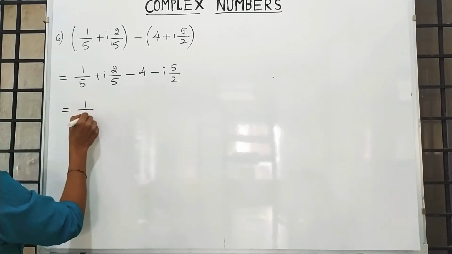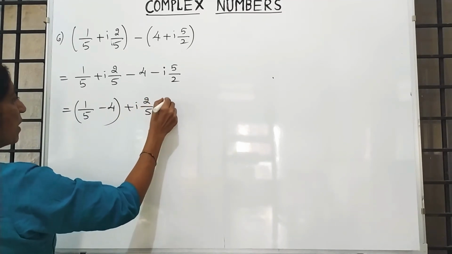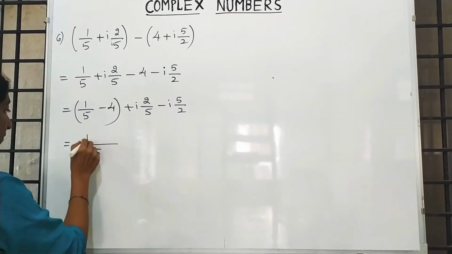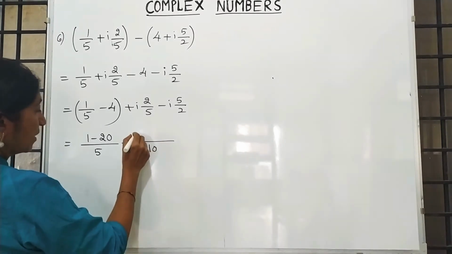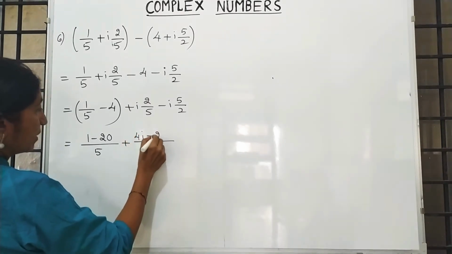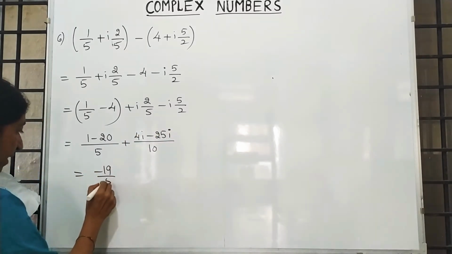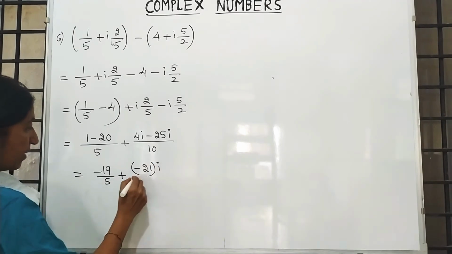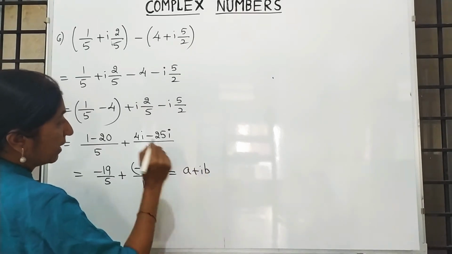This is 1 by 5 minus 4, and the term with i: 2 by 5 minus i 5 by 2. Take the LCM, LCM is 5: 1 minus 20, plus here LCM is 10: 4i minus 25i. It is minus 19 by 5 plus minus 21i by 10. So, it is in the form of a plus ib.